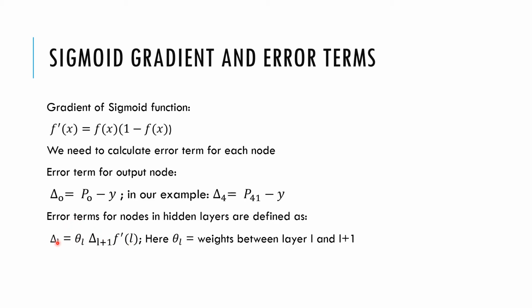We are calculating the error terms for hidden layer L. Because it's backprop, we are going backward, so we need the error term from the next layer, which is why it is L plus 1. And this is the gradient of sigmoid of the same layer L, and theta L is the weights between layer L and L plus 1. This is what it means.